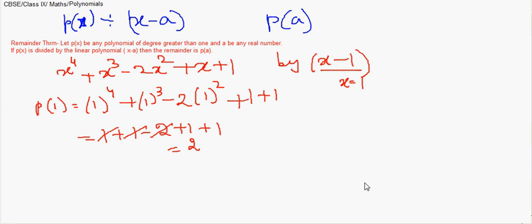This remainder theorem can have a different application, which is to check whether something is a factor. We take it up in the next screen.